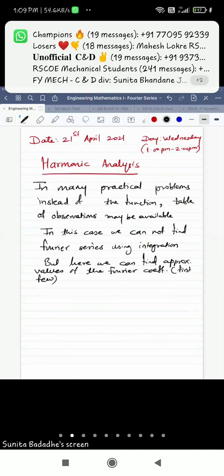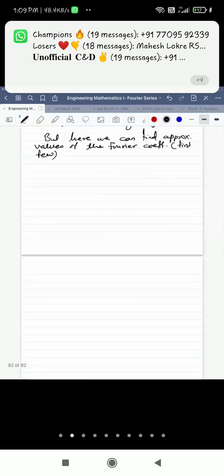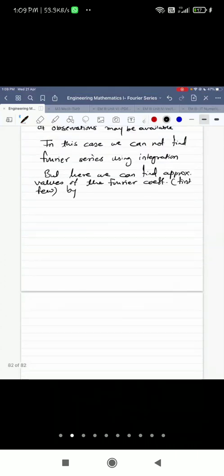You can find all, but there is a limit, isn't it? Practically, if you are solving by approximate integration.